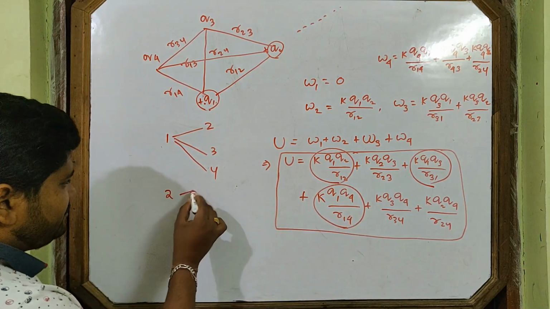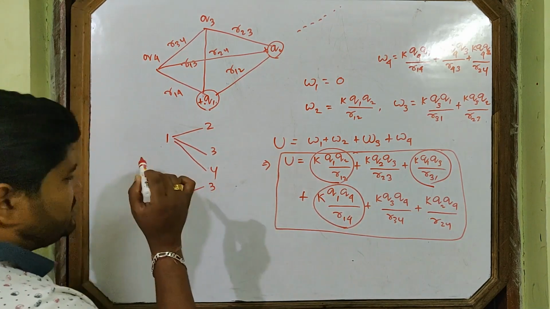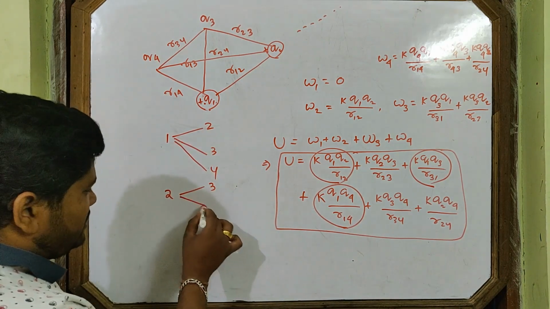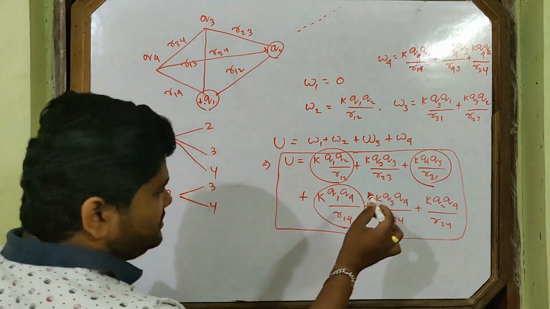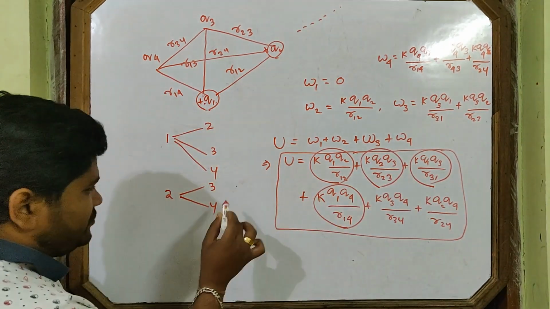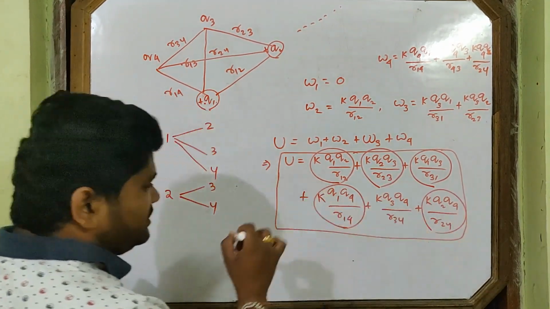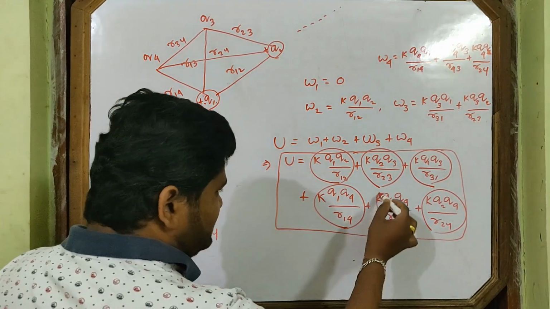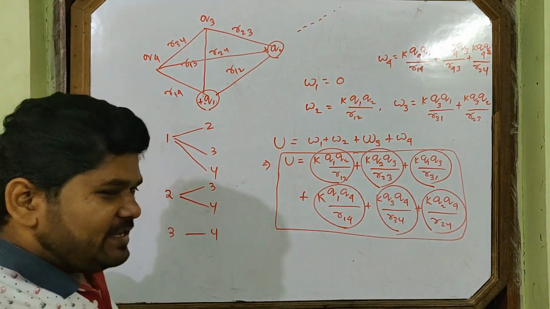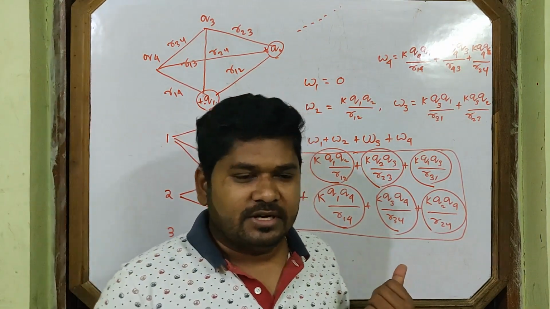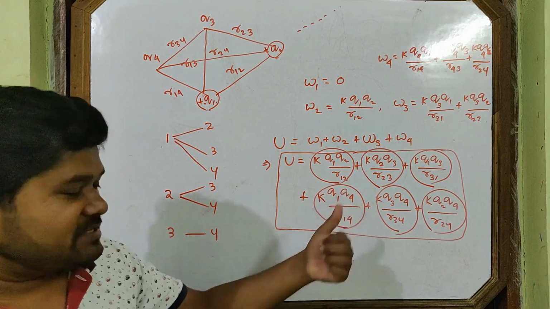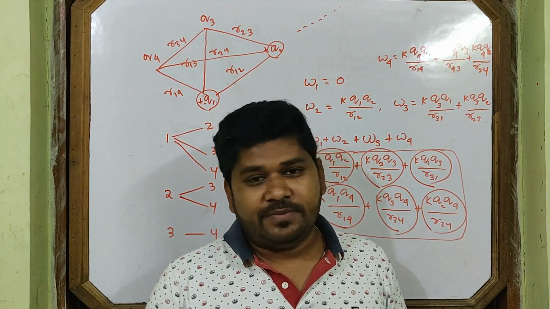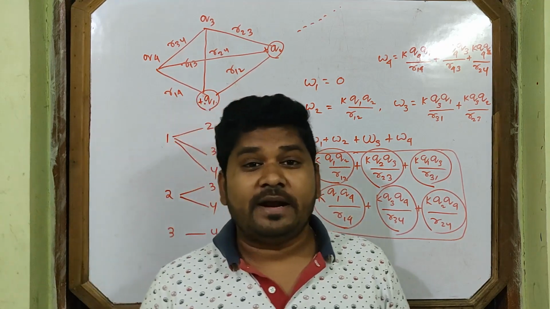Then 2, 3, because 2 is already attached with 1, so from 2 we start: 2, 3 term and 2, 4 term. Then 3, 4, this term. It's very easy to remember the formula. In this way you will remember this 6-term formula. It's not difficult. So this is the potential energy due to a 4-particle system.